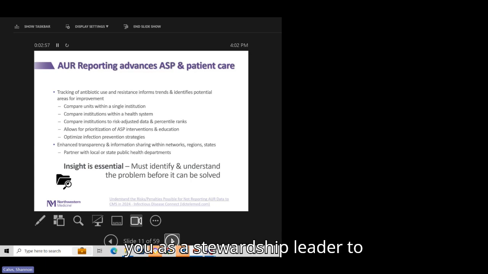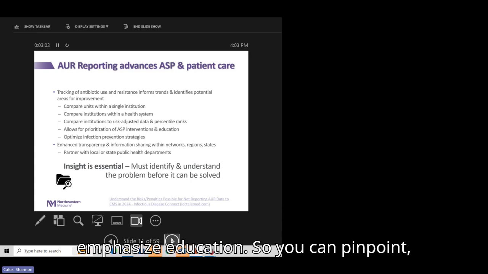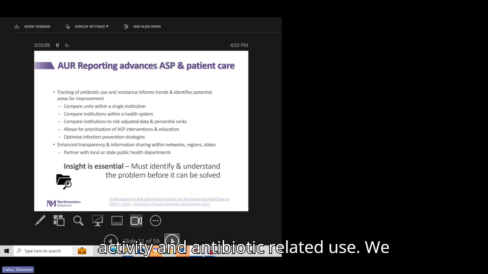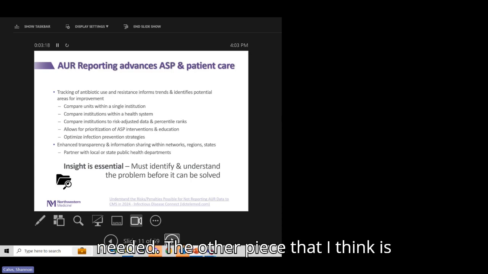This also allows you as a stewardship leader to prioritize interventions and figure out where you need to emphasize education. So you can pinpoint, okay, we've got excess MRSA activity and antibiotic-related use. We probably need to either work with infection prevention or target prescribing clinicians to make sure that we're not using vancomycin when not needed.